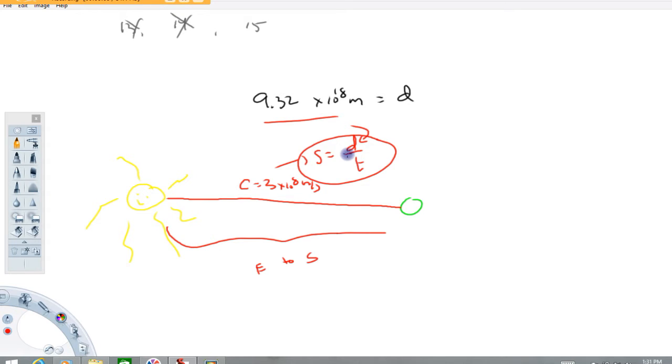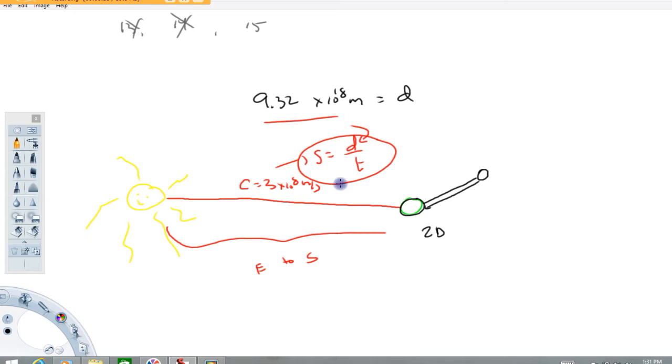Part C, how long does it take a microwave radio signal to travel from the Earth to the Moon and back again? All right, so let's imagine, here's the Earth, here's the Moon. They're asking for the time it takes a signal to travel from the Earth to the Moon and back again. So the actual total distance there is 2d. Look up this distance, and the total distance traveled by the waves is twice that distance.